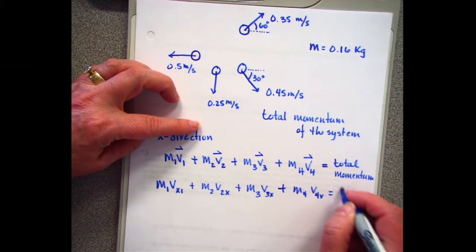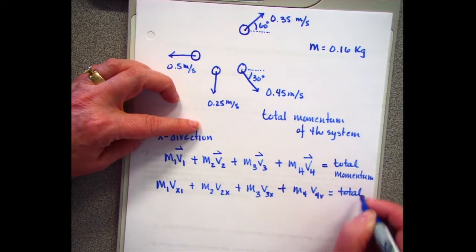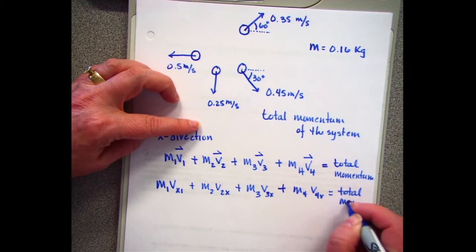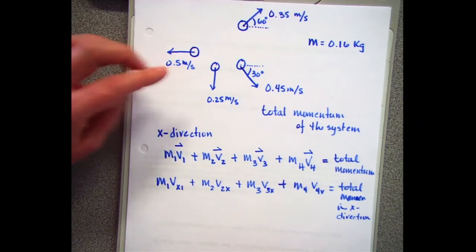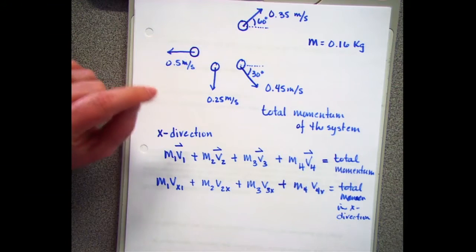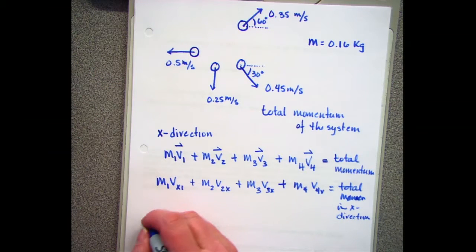It's going to give me the total momentum in the x direction. Good news for us is all the masses are the same, so we can filter things out. So I'm going to get the mass times my x component of each of the different balls.